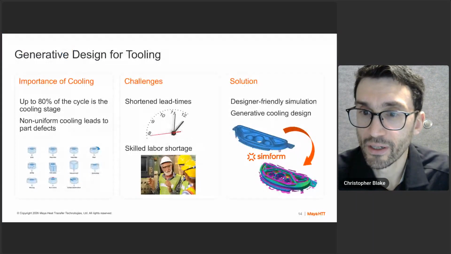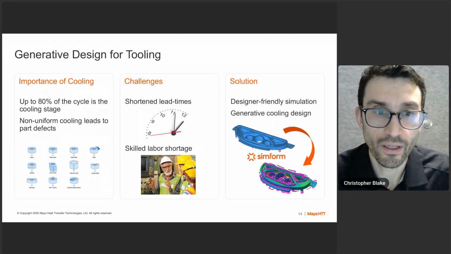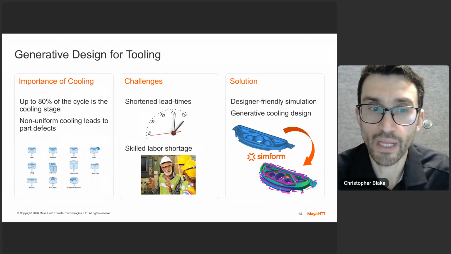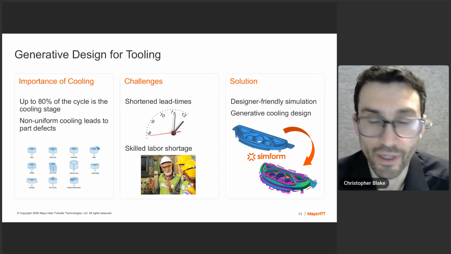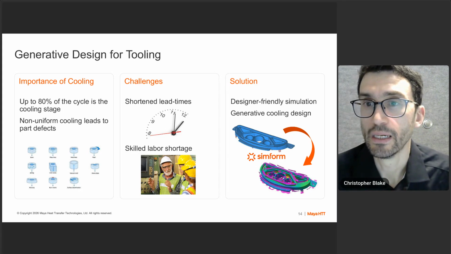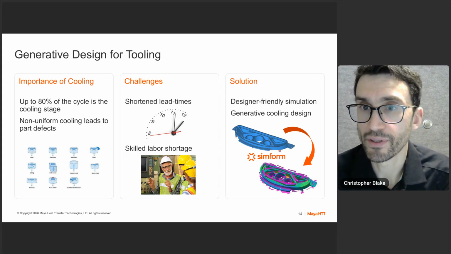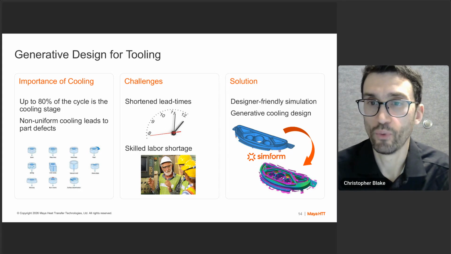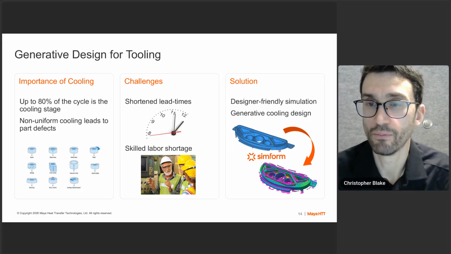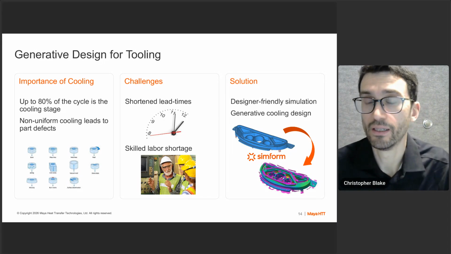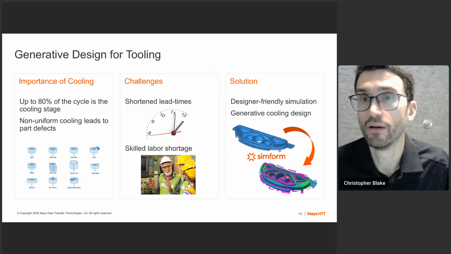I'm gonna digress ever so slightly for a moment and talk about the importance of cooling in the injection molding process. You guys are probably well aware that the cooling phase of the injection molding cycle is often majorly made up of the cooling stage.